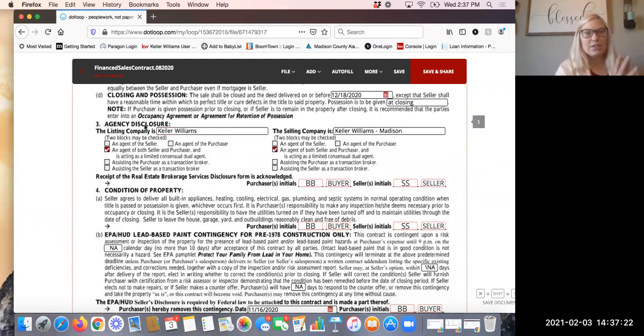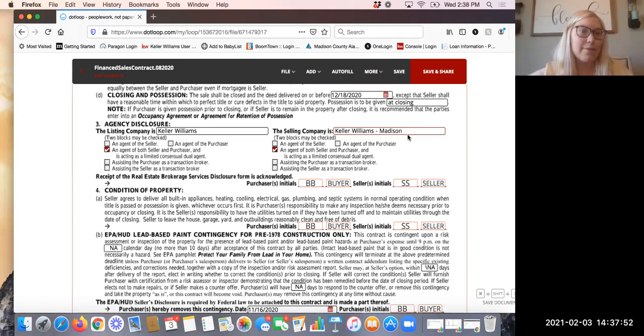All right, agency disclosure. This is basically a glorified RECAD that is inside our contract. As right now, you can see I put Keller Williams on both sides, and we are acting as a limited consensual dual agent. If it were RE/MAX on one side and Keller Williams on the other, it would be RE/MAX as the seller or purchaser, whichever side they're representing, and Keller Williams as the seller or purchaser, whichever side they're representing.